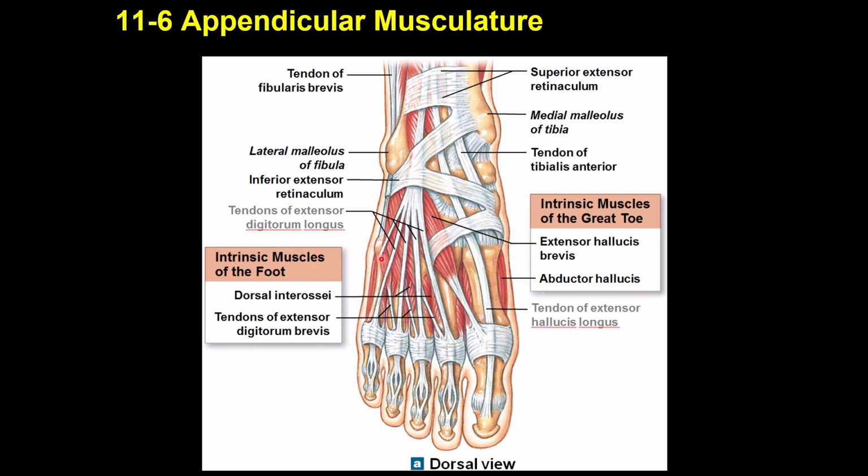This is extensor digitorum brevis, these ones, and these tendons that you see are extensor digitorum longus. Okay, so these are the longest ones, extensor digitorum longus, and extensor digitorum brevis is these ones. And these are the dorsal interossei muscles between the bones.